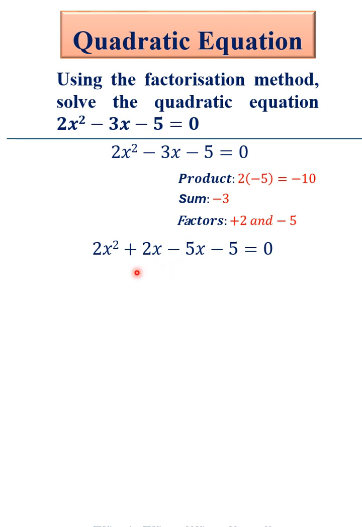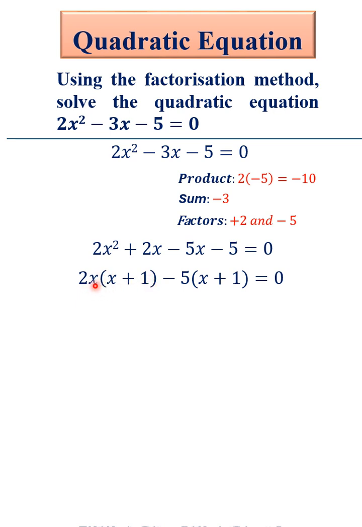And to factorize that, we look at what is common between 2x² and this 2x. The common factor there is 2x. And so we can factorize this expression. And what is common between 5x and −5 is 5. So factorizing this expression will give us this. What is common between 2x² and +2x is 2x. We write that out, and then we open a bracket.